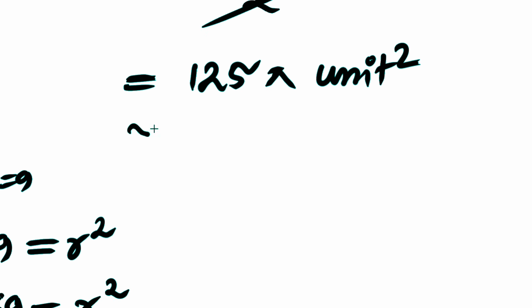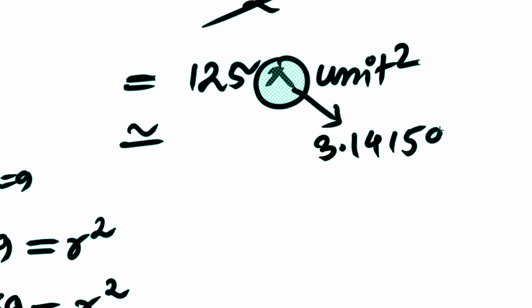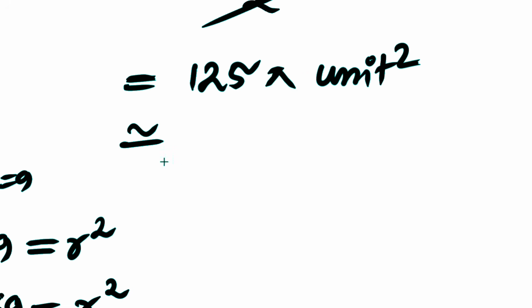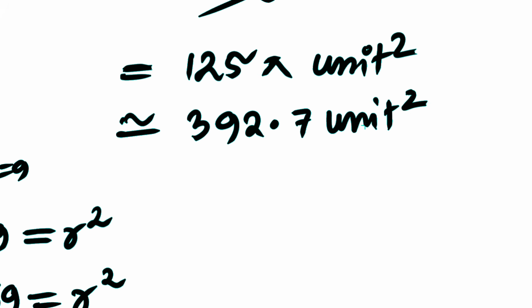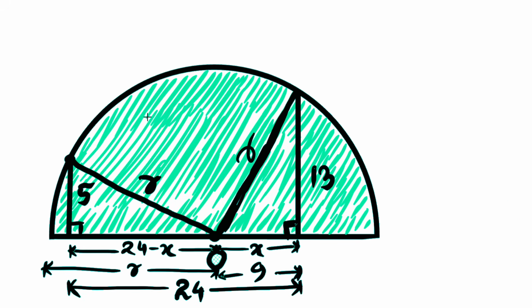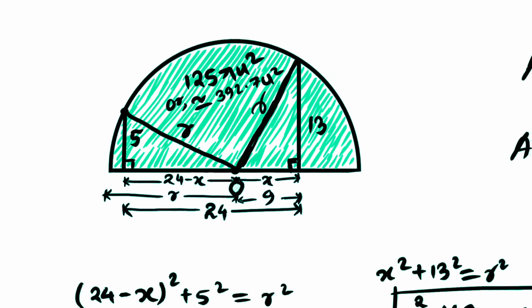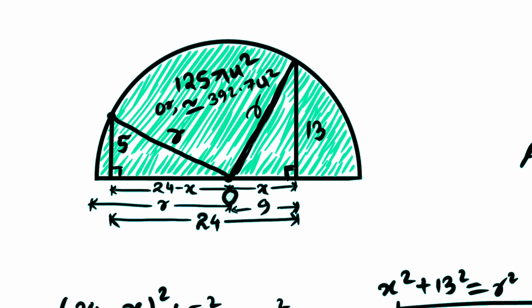If we want a decimal approximation, we use pi approximately equal to 3.14159, and multiplying 125 by pi gives approximately 392.7 square units. So the final answer is 125 pi square units, or approximately 392.7 square units.